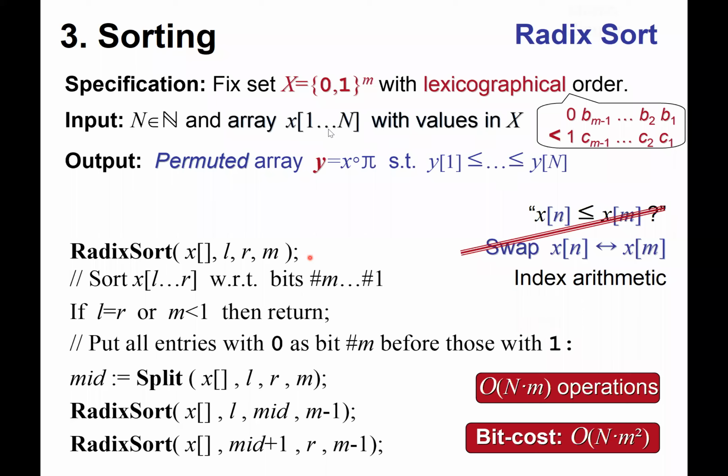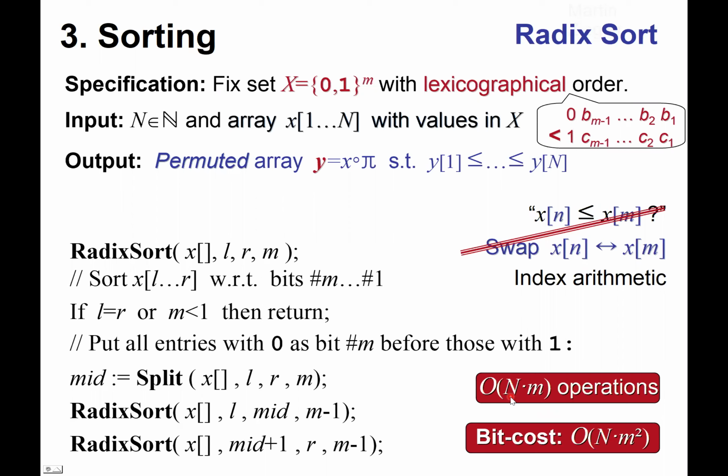Let me recall that if we have bit strings of length m, then that means we can have at most 2 to the m different bit strings, right? So that means if the bit strings are distinct, different, then n is at most 2 to the m, and conversely, m is at most the logarithm of n.